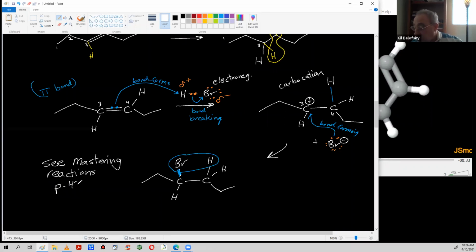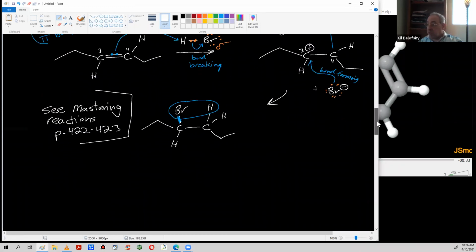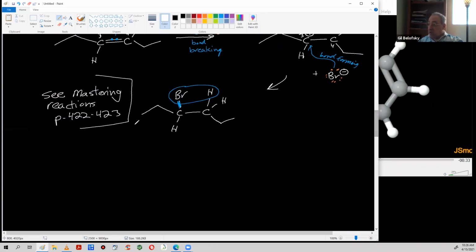Page 422, 423 goes into all this, and it continues on to what I'm going to continue on with right now, which is some more detail about where the bromine goes and where the hydrogen goes if both sides of the alkene are not the same.